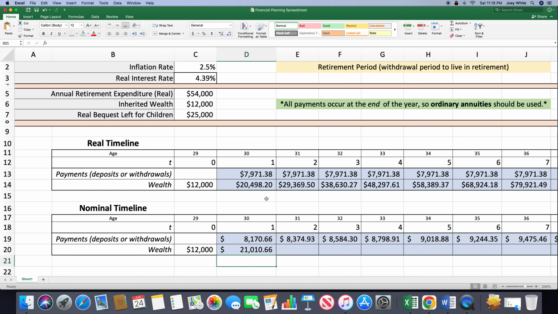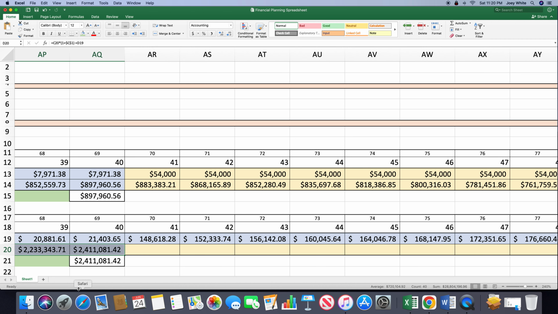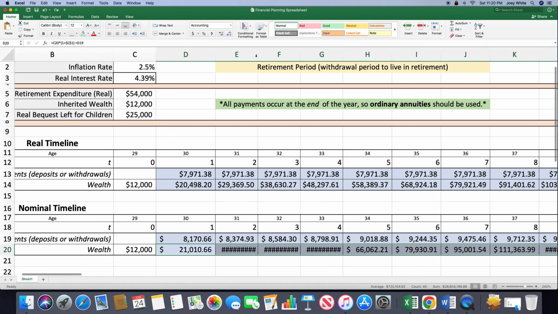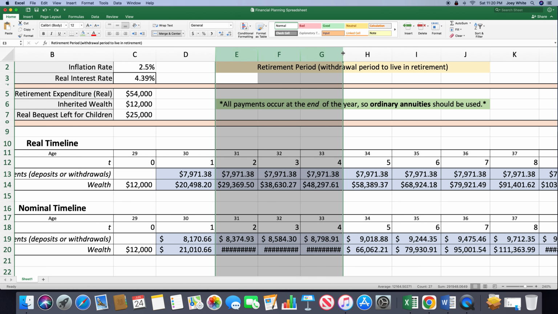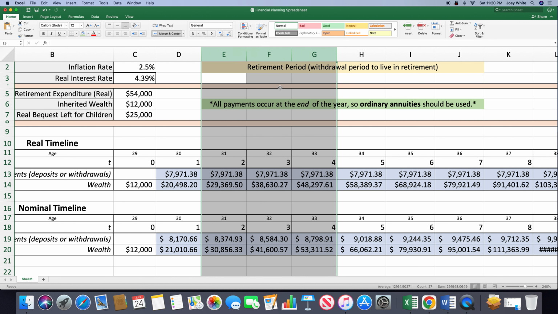And that's because some of this is accounting for inflation. So now once I do that, I can just drag this all the way over. Oops. And sometimes you might get this little thing right here, basically just hashtags. You can just highlight these and right-click the side, or double-click right on the line between two cells.